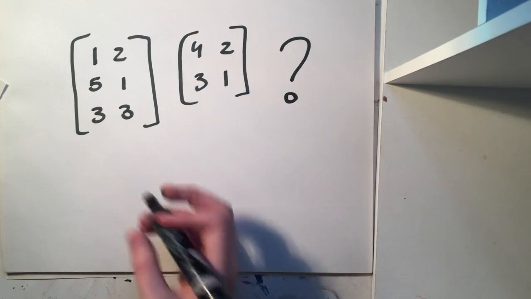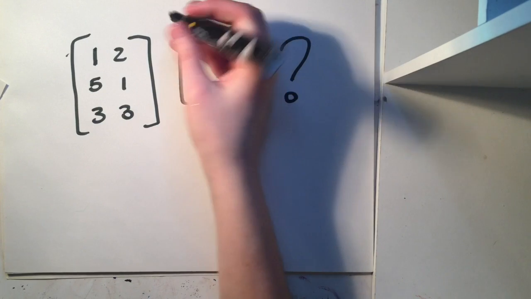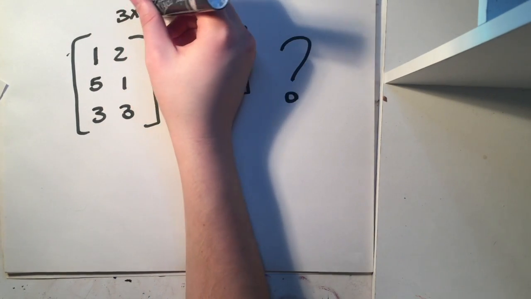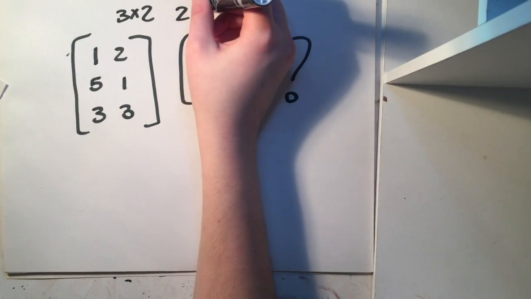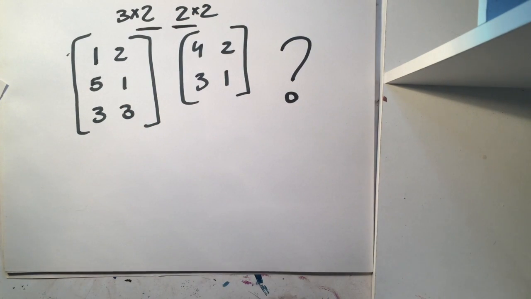Is it possible to have this multiplied by this? Let's check. Yes, it is possible by those twos matching up. So we can successfully multiply these two matrices. It'll be a little complicated and a little tricky, but it's the same concept.